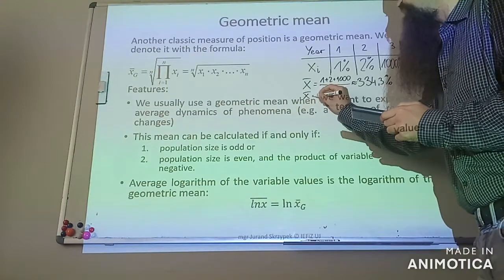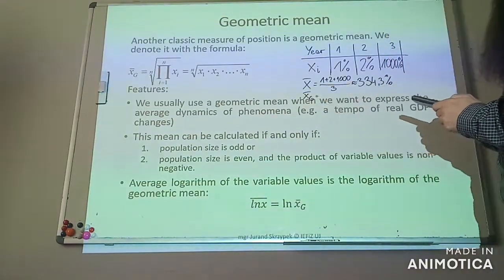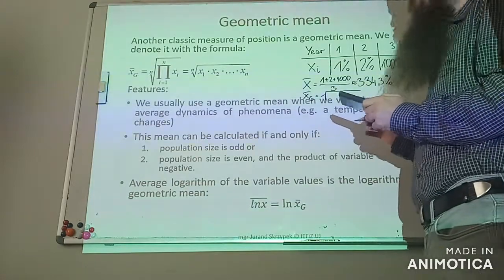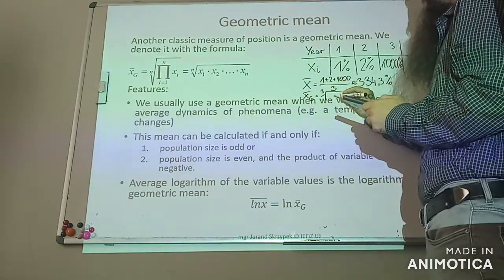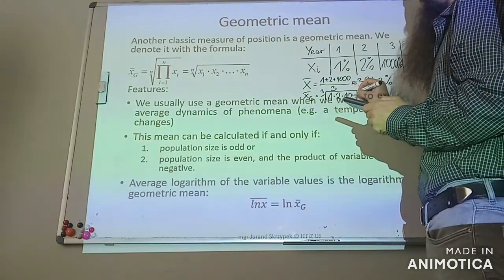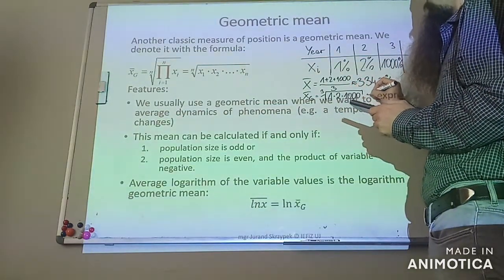We can also compute the geometric mean, and what do we have here? Cube root of what? 1 multiplied by 2 multiplied by 1000.